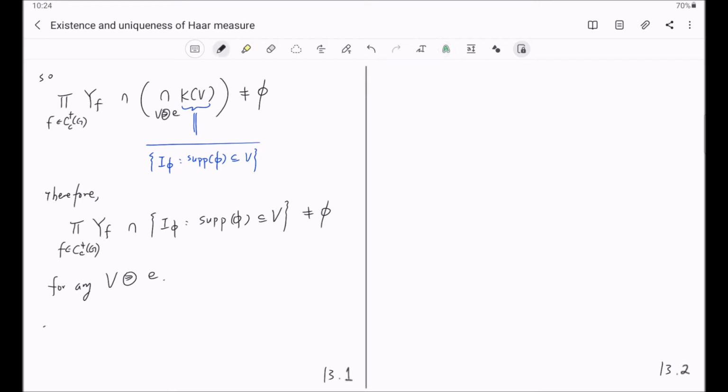So there exists phi in Cc plus of G with the support of phi contained in V such that I sub phi is in the infinite product of Y sub F's.